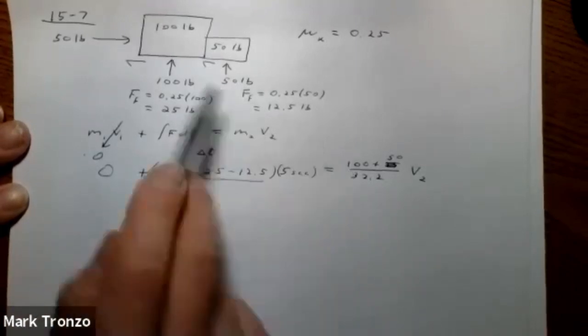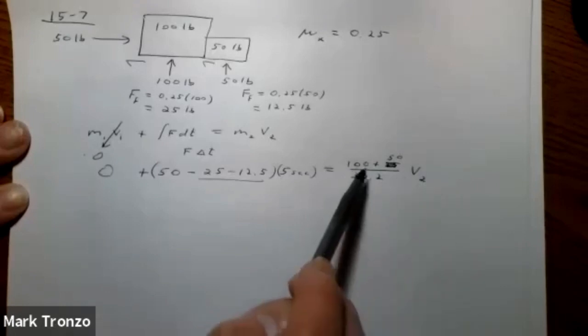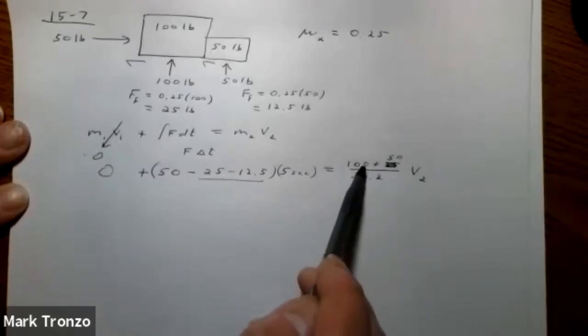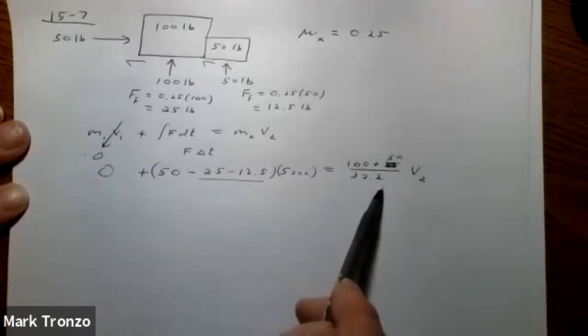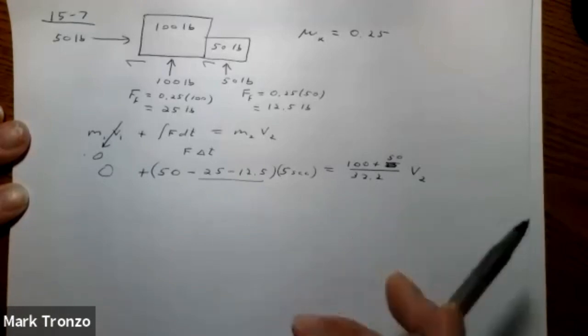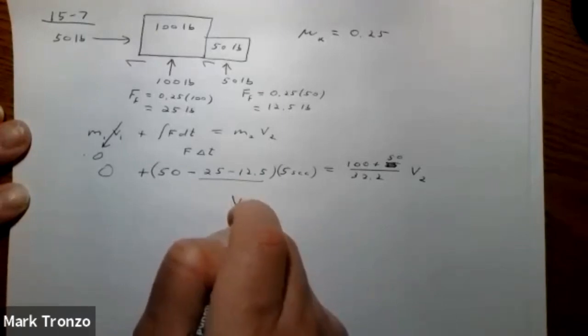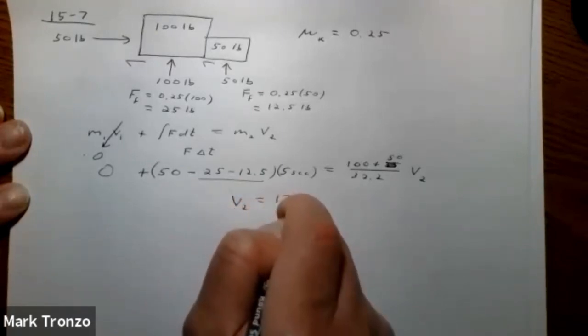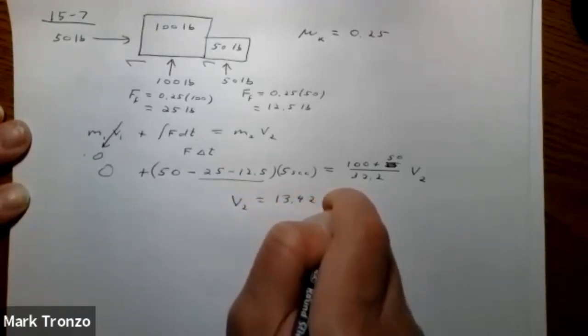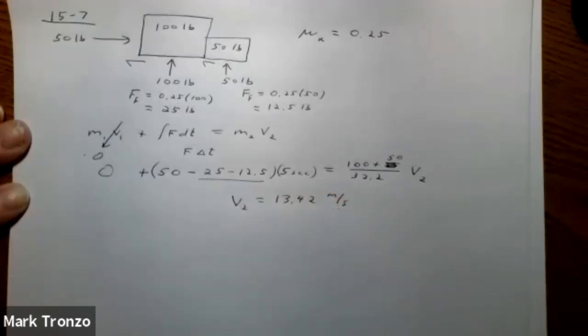The right-hand side is the mass. Of course, when we're in English units, it's going to be the weight divided by 32.2. And if you put that in your calculator, you get V2 is 13.42 meters per second.